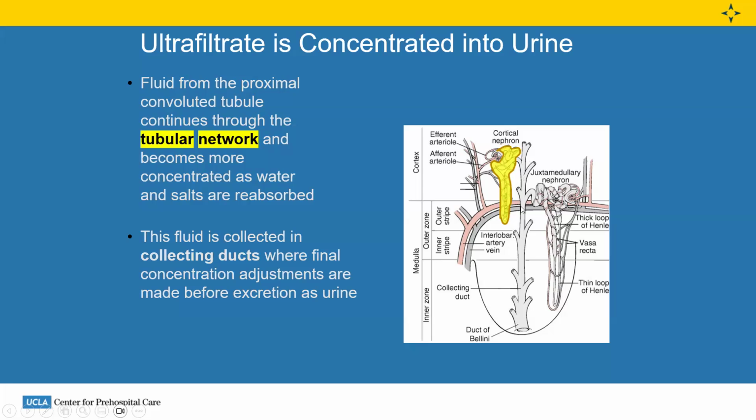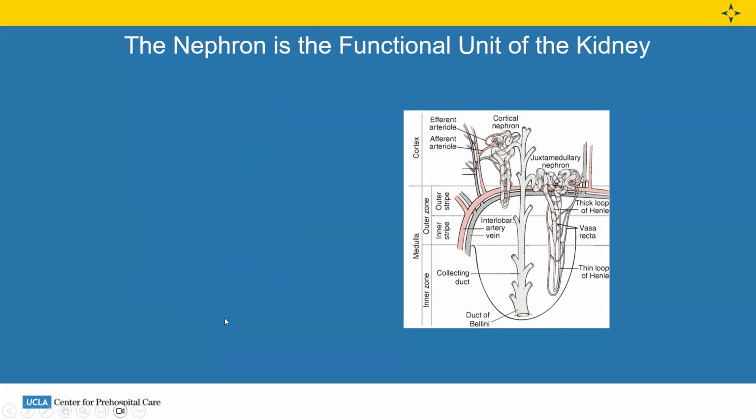It's because our kidneys are able to adjust how much fluid we're pulling back into our bloodstream, right? But all in all, we still collect about 99% of that original ultrafiltrate back into our bloodstream. So that 1% is kind of what makes the difference between how concentrated your urine is or not.